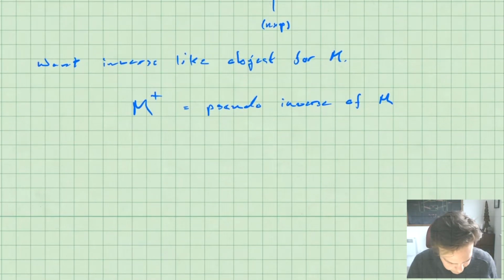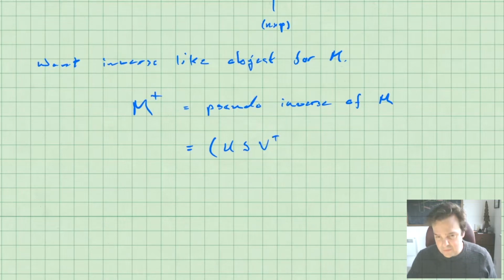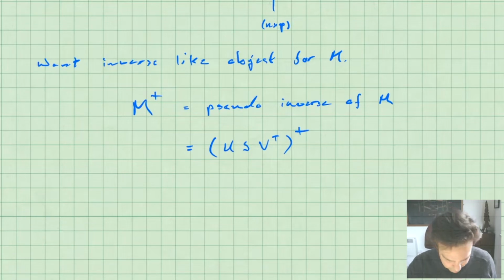And so how will it look? M plus will be the following: U S V transpose, plus. And we're going to suppose that the plus operates in the way that the normal inverse operates, so that the inverse of a product like that is the product of the inverses in reverse order. So what we have is V transpose plus, S in the same place, and then U plus.